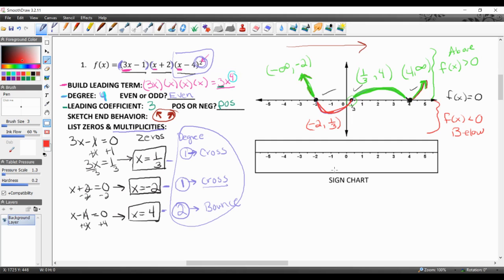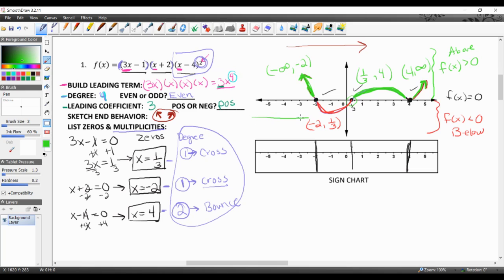All right, with that in mind, let's go ahead and finish up our sign chart here. So the sign chart, this is a little bit extra, but that's all right. We're going to go ahead and just kind of line up our zeros. So we have a 0 at -2. We have one here at 1/3, somewhere right here. Okay, and then we have one here at 4. And all I'm going to do is label where the graph is above and where it's below. Okay, so just like what I did right now, I can see that on this side, it's in green, right?